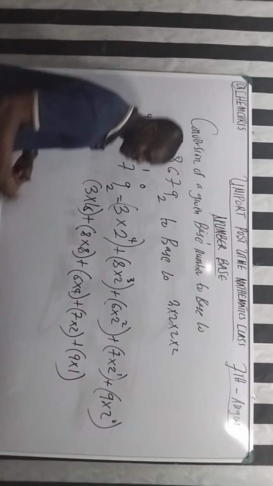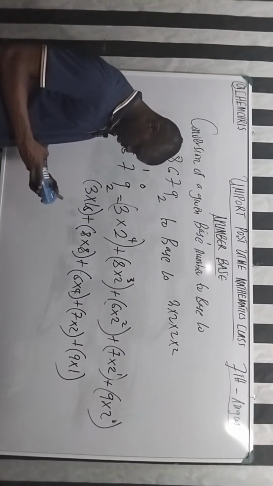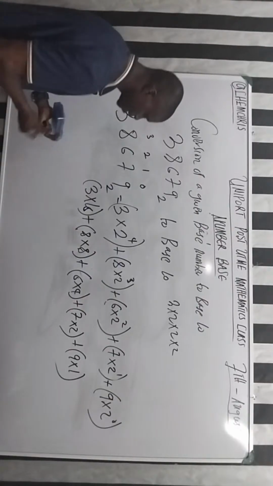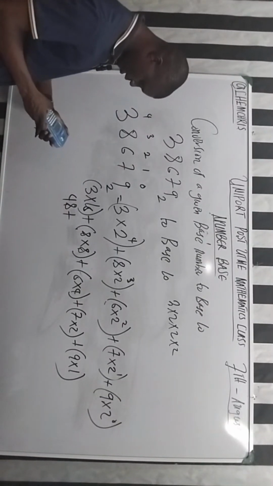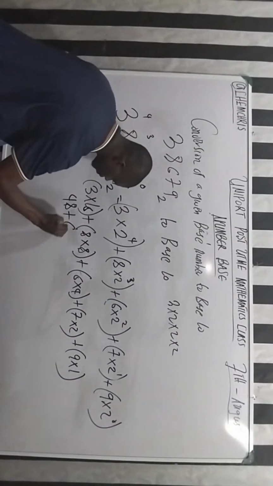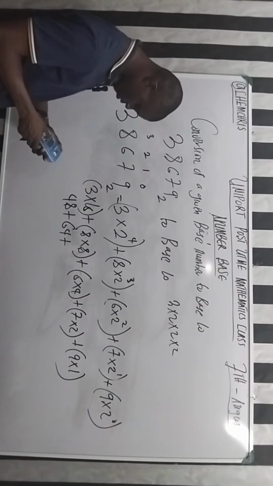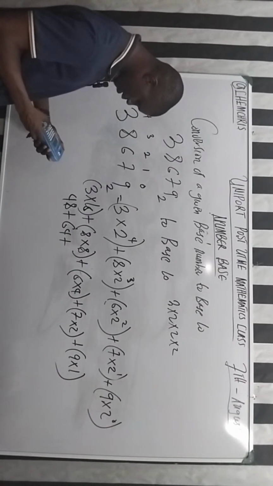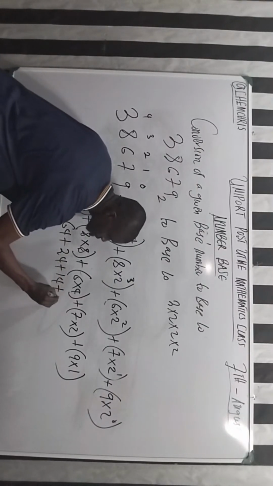So here we have 3 times 16, which is 48. 48 plus 8 times 8, which is 64. Plus 6 times 4, which is 24, plus 14, plus 9.